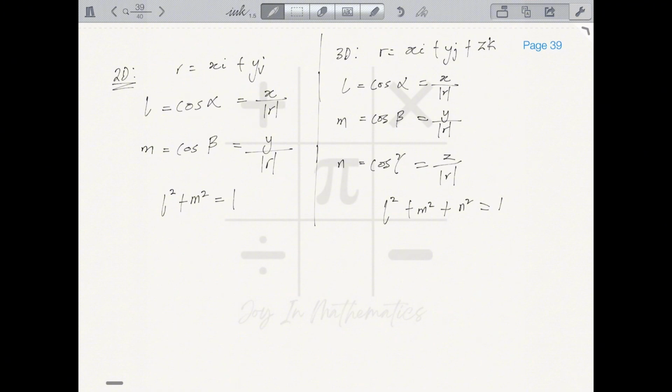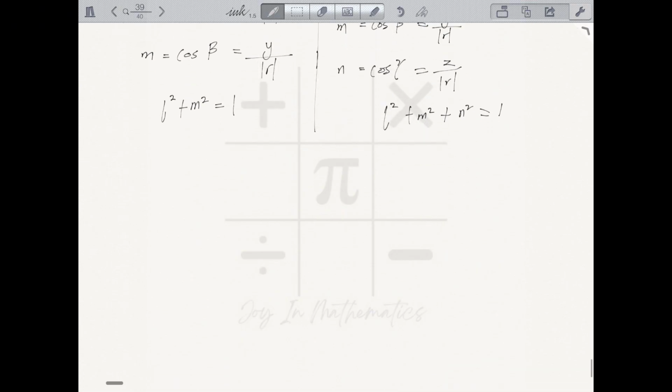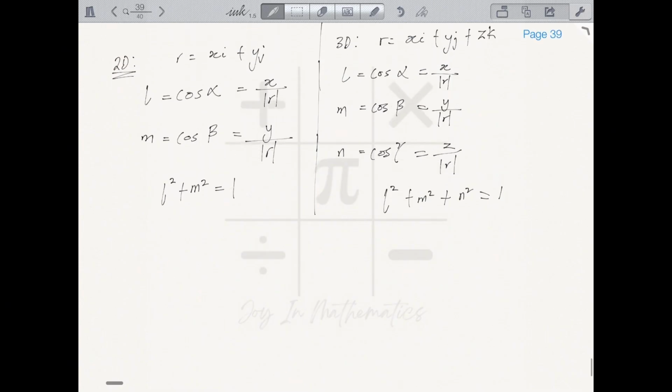So let's take an example in 2 dimensions. Let's also take an example in 3 dimensions. Let's begin. We are asked to evaluate the direction cosine of a 2-dimensional vector.